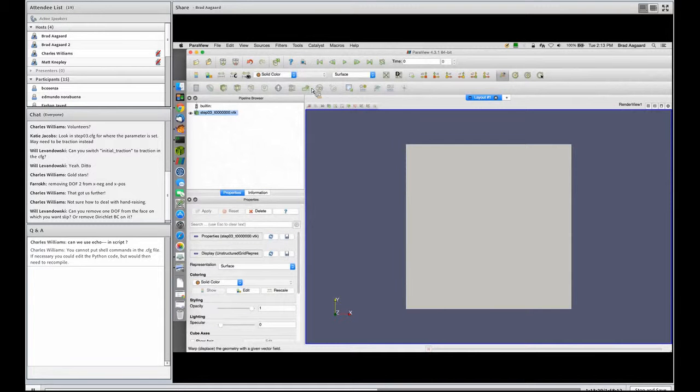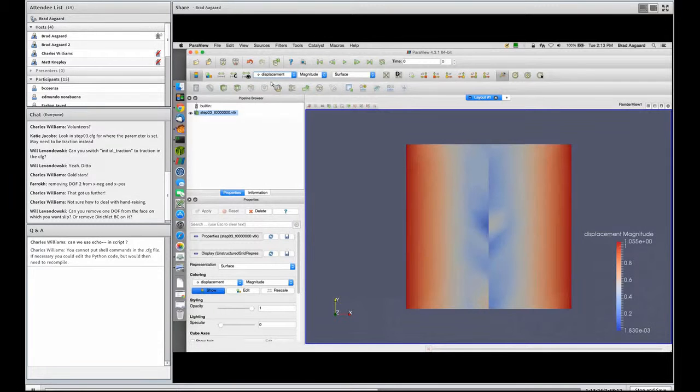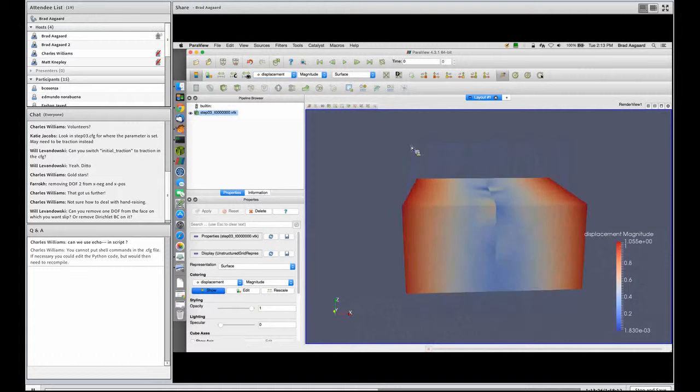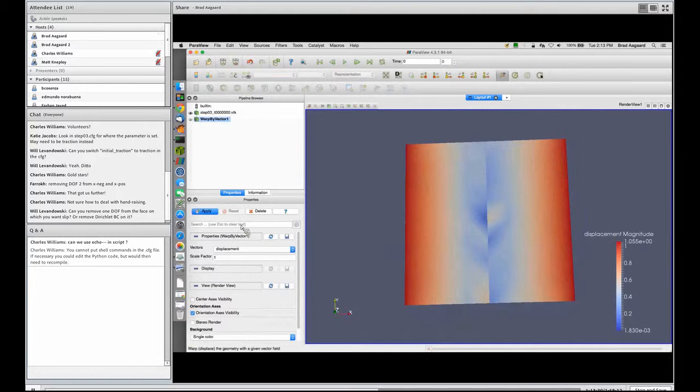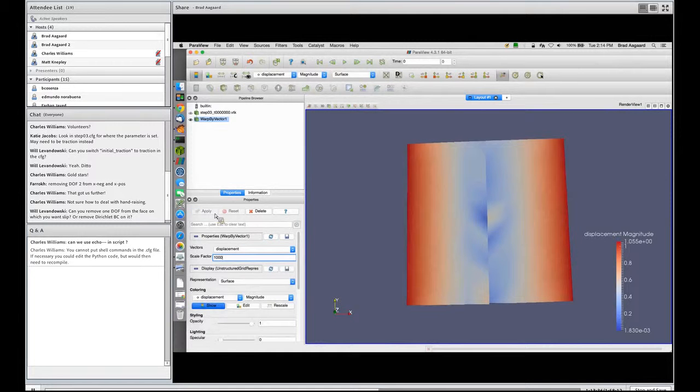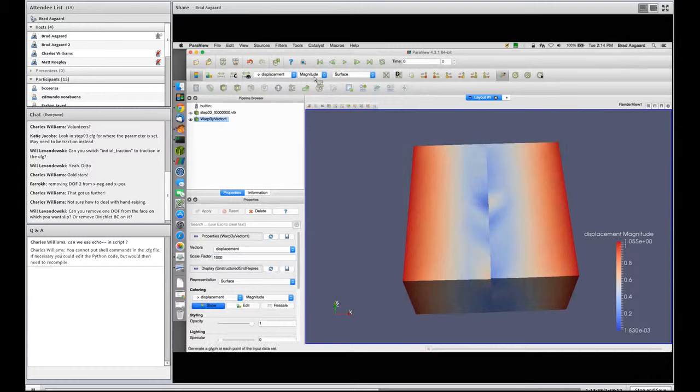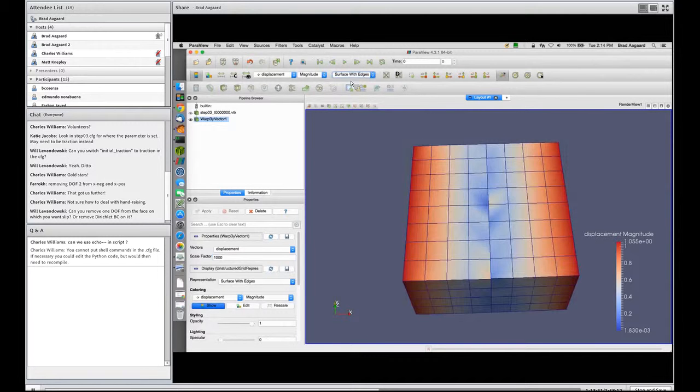And let's see what the displacement field looks like. It looks a little funky. Let's warp it by a factor of 1,000. Let's do it with edges.